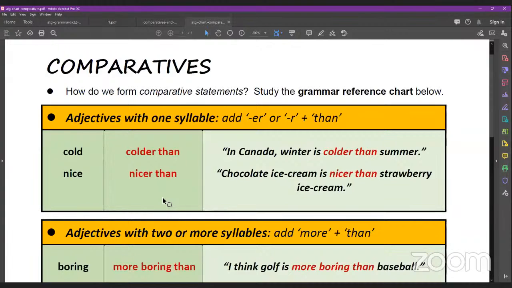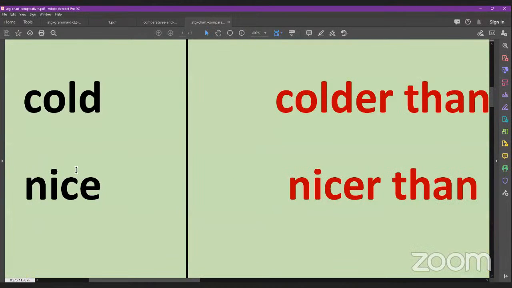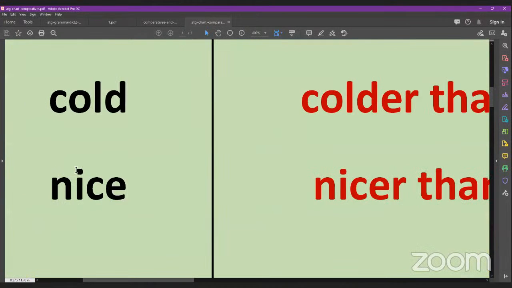We need to add the suffix er to the base form of the adjective. For example, this is rule number 1. Over here, we have 2 adjectives in positive. Adjective number 1, cold. Adjective number 2, nice. Cold and nice in positive.